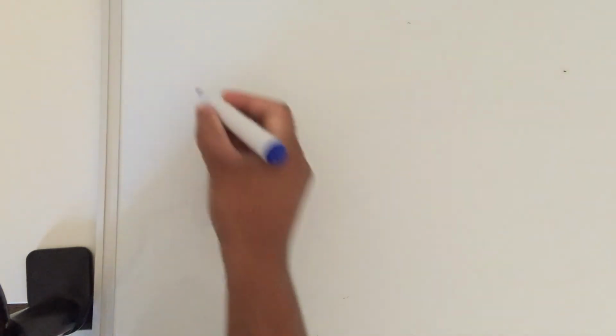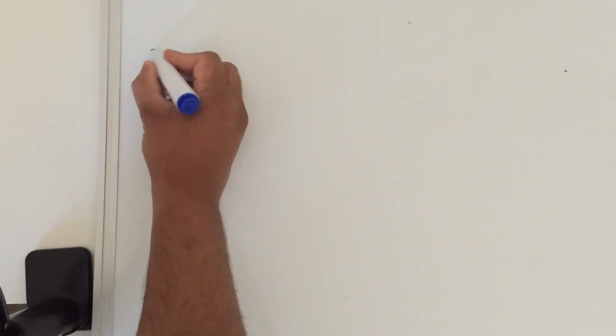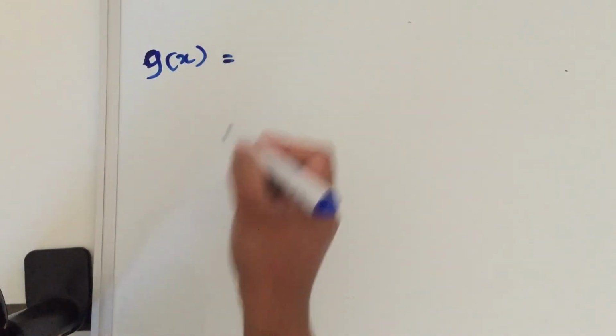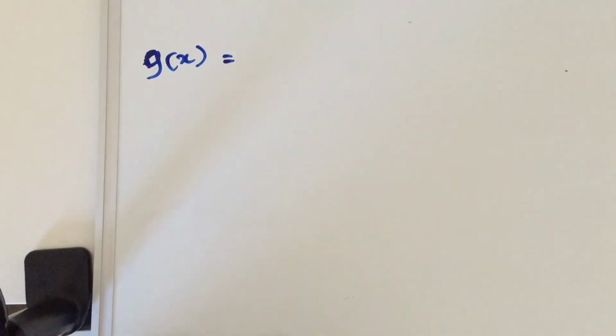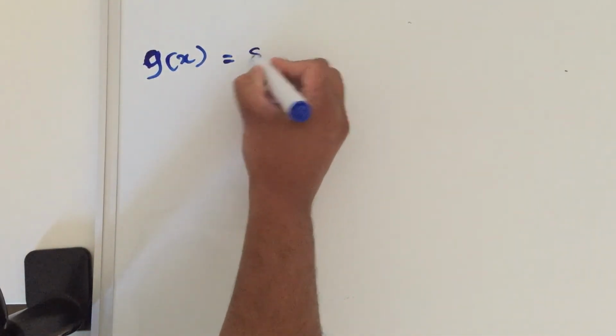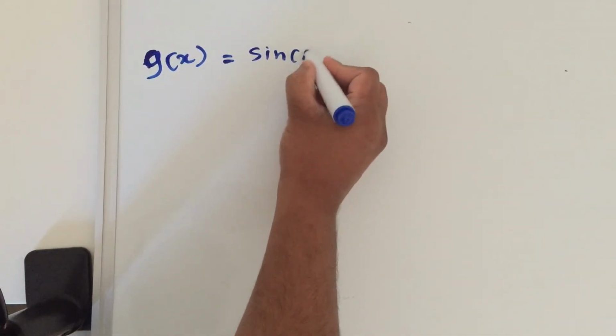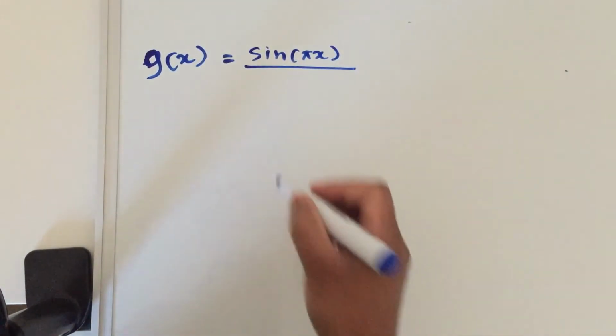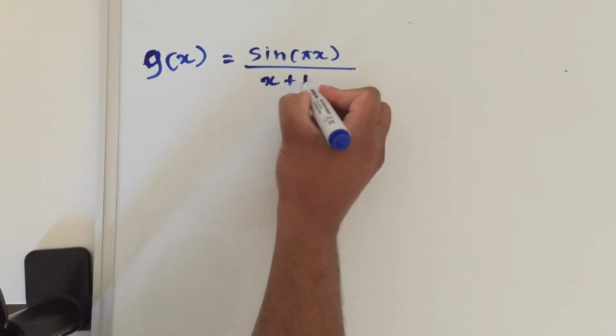So the question that they gave us was, if g(x) is equal to sine pi x divided by x plus 1.